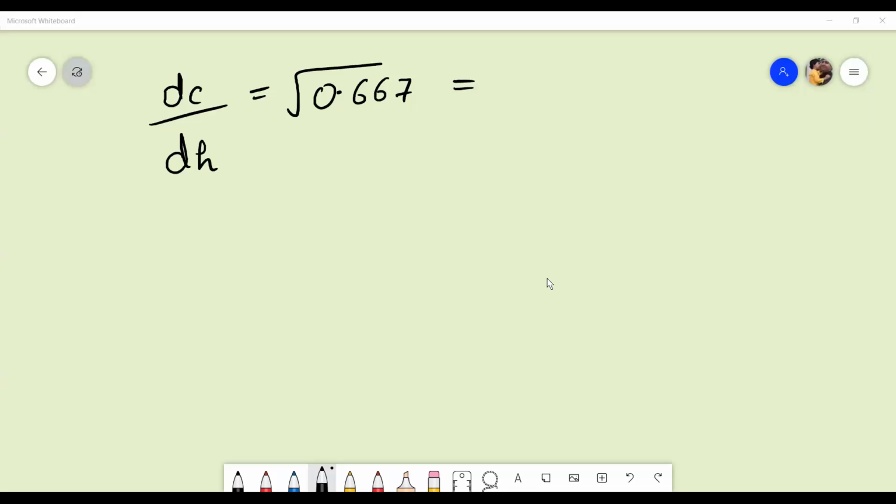It is around about 0.8167, so the root will be equal to 0.817. That means you can write dC is equal to 0.817 into dH.